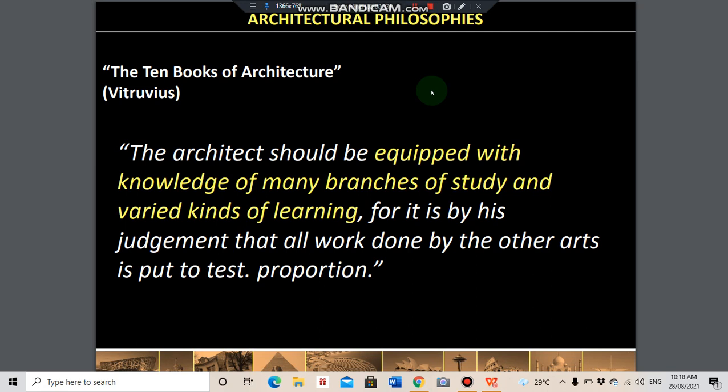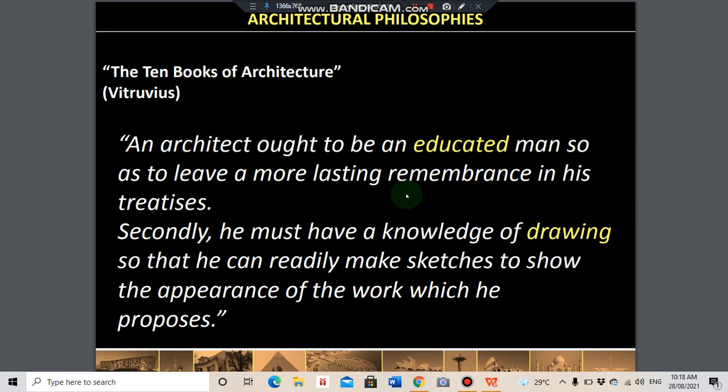So, for it is by his judgment that all work done by the other arts is put to test, no? Proportion. An architect ought to be an educated man so as to leave a more lasting remembrance in his treatise, no? A more lasting remembrance means the permanent legacy that can be of use to the future generation.